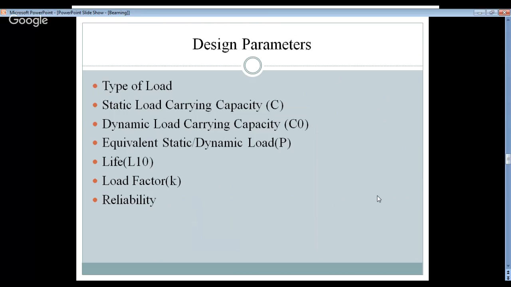Design parameters: on which parameters can a bearing be selected and designed? Number one is type of load. We have seen the type of load may be radial, axial, or a combination. Then static load carrying capacity, dynamic load carrying capacity, equivalent static or dynamic load, life, load factor, and reliability.